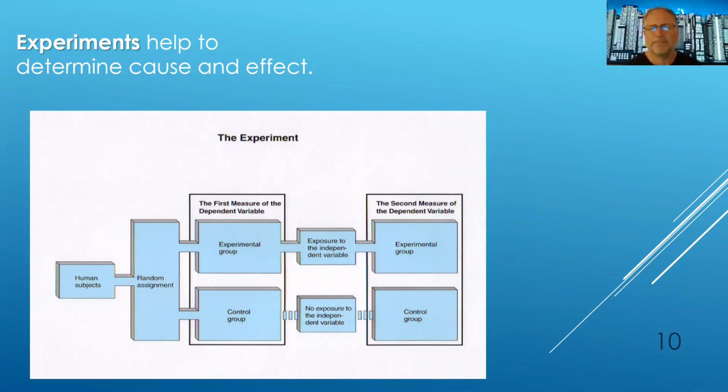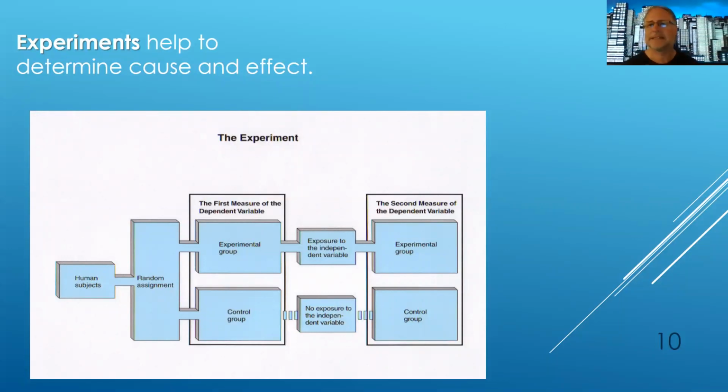So we expose the experimental group to what's called the independent variable. That's the change. And then once our exposure time has ended, we gather information and compare what has happened to the experimental group to what has happened to the control group.